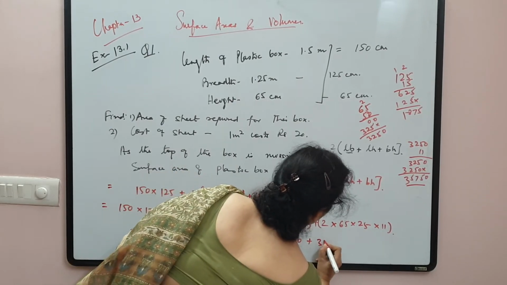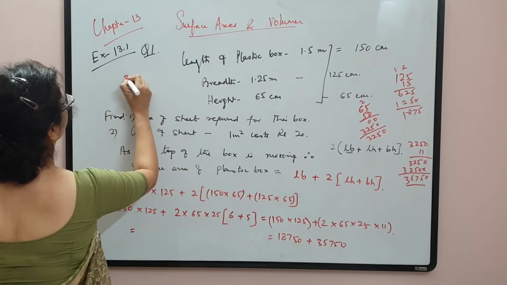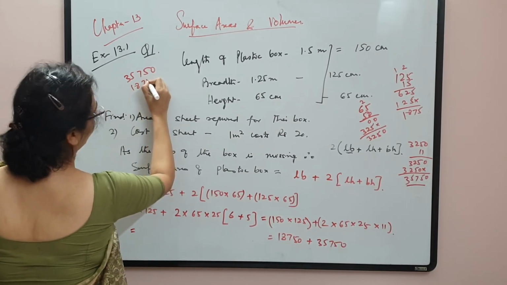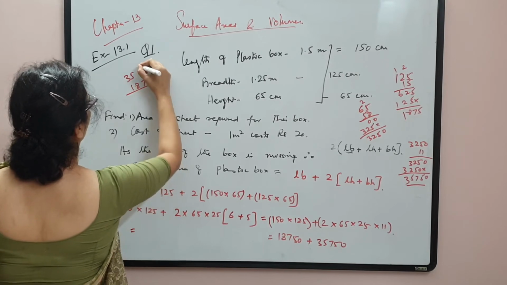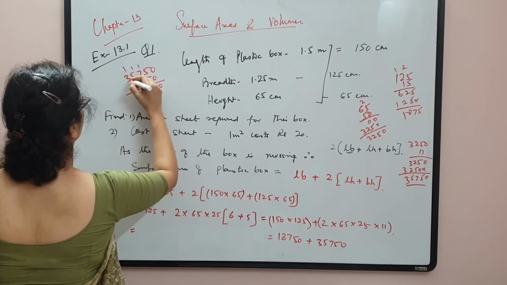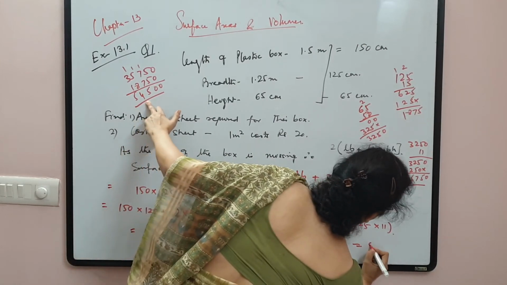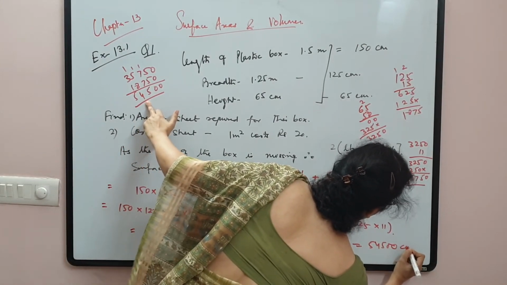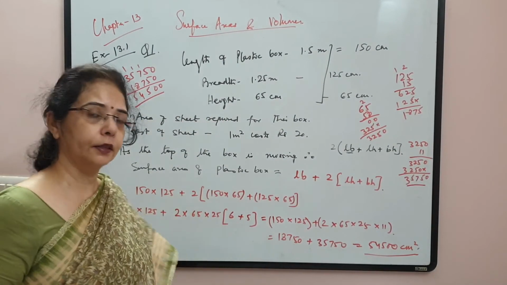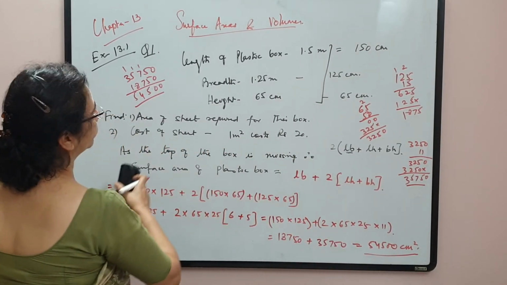Okay. Let us add these two, children. As I have told you, children, these questions have extensive calculation and you have to be very careful. Alright, so you get 54500 centimeters square. You remember we were working on centimeters. Now this is the surface area, children, that you have got in centimeters square.